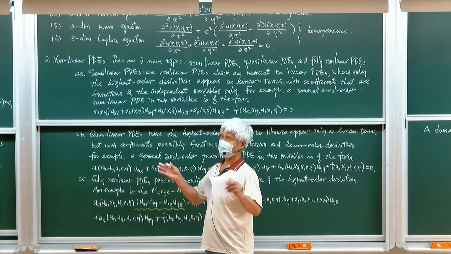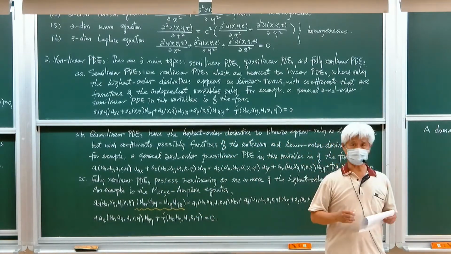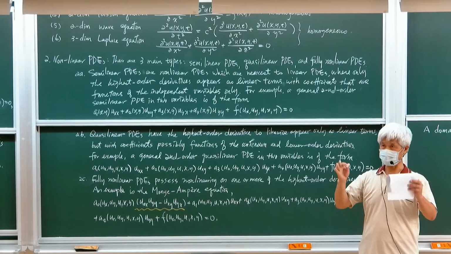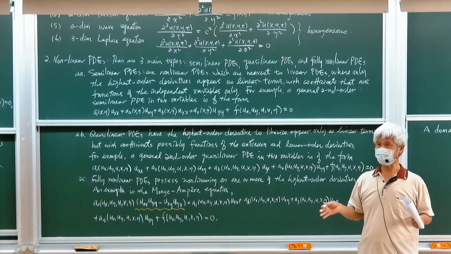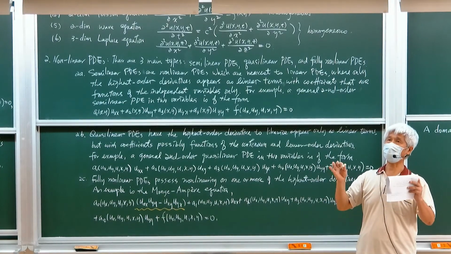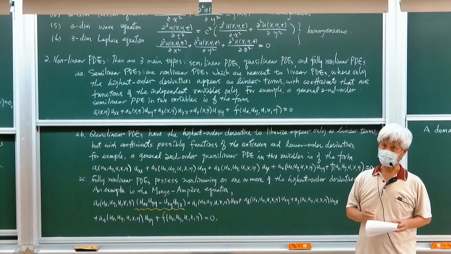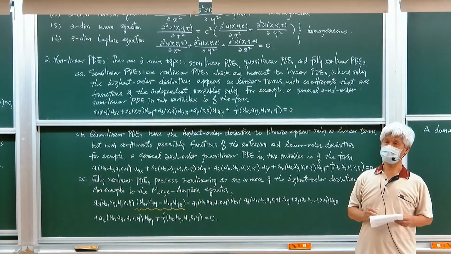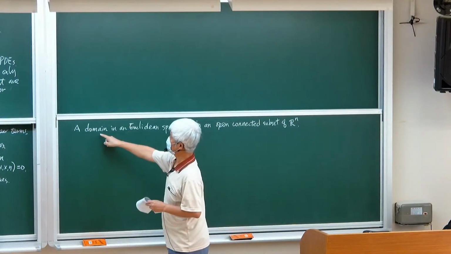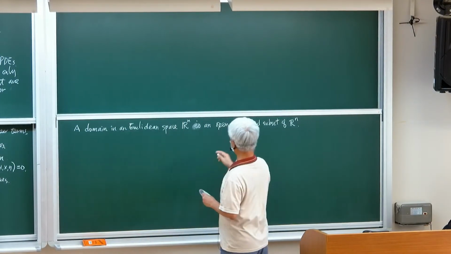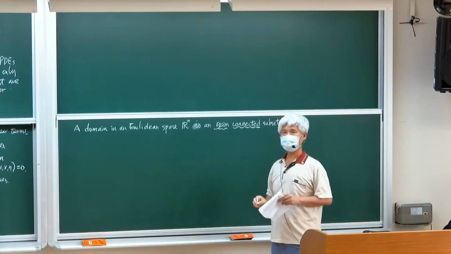Quite often you can only say that a differential equation is satisfied within some subset of the Euclidean space. Most often you can't say that it is satisfied for all the points in the whole Euclidean space. That is not practical. So we will introduce a special subset called a domain, which is open and connected.